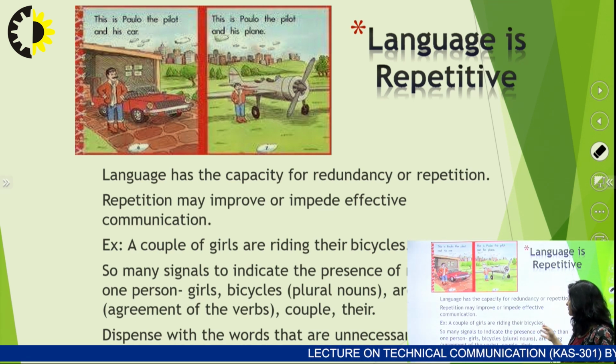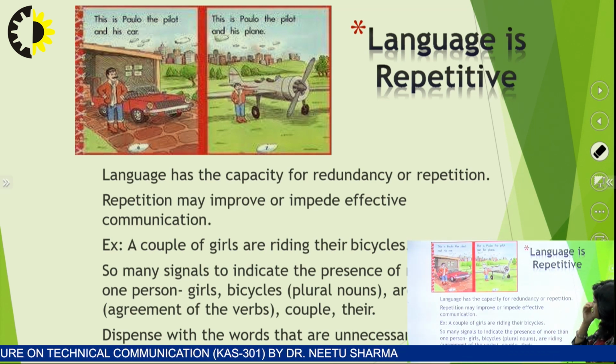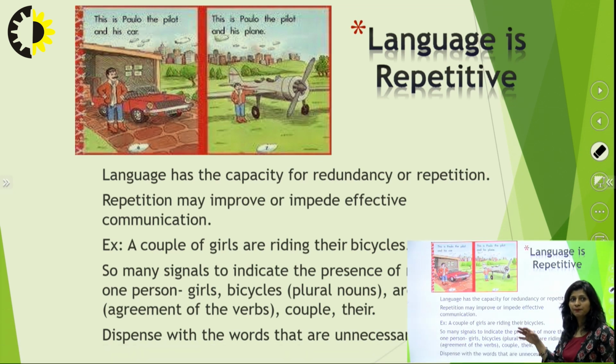Whatever words we have used in this sentence indicate the presence of more than one person: couple, girls, are, used to agree the verb with the subject. Then are riding and bicycles, again a plural form. They are a couple. So all words are essential to complete the meaning of the sentence. We cannot omit any word, right?